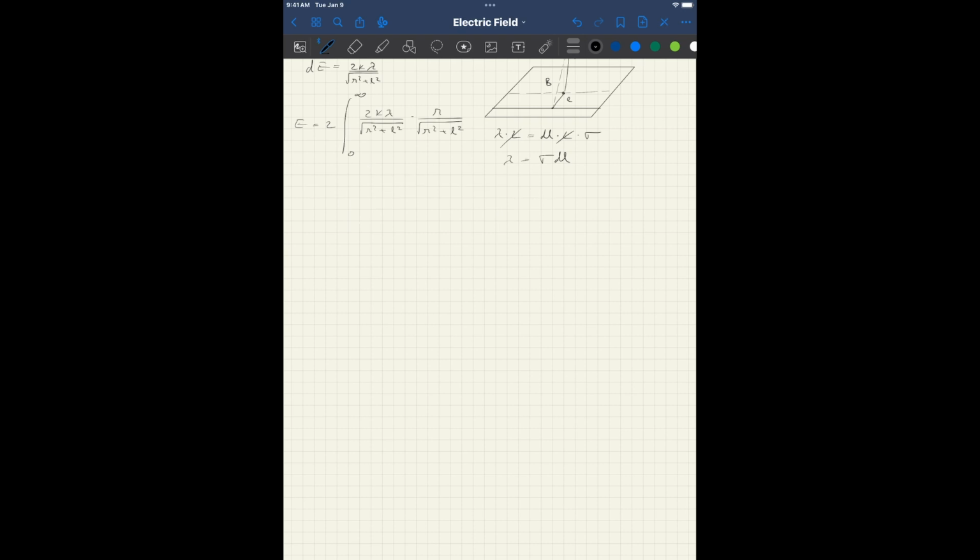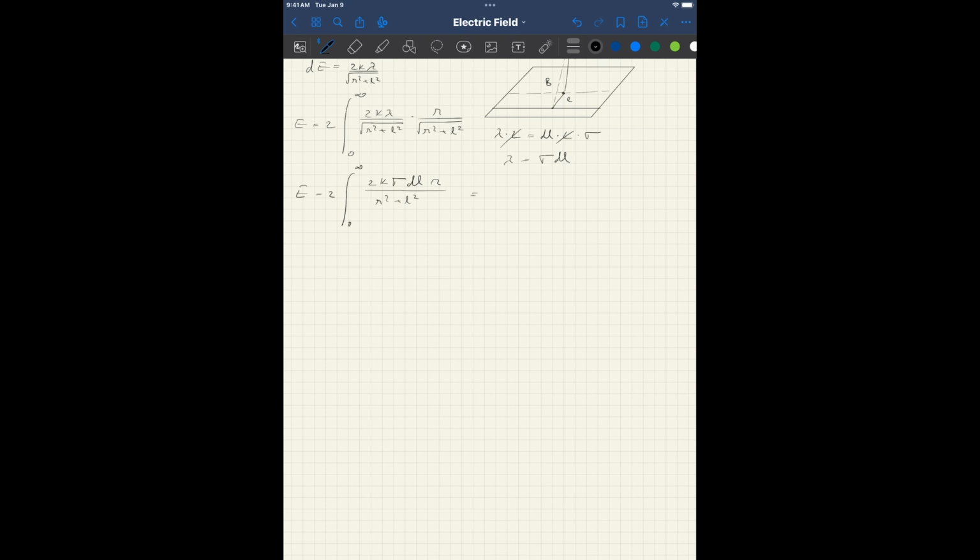So this is going to be equal to E equals 2 times the integral from 0 to infinity of 2k sigma dl, because sigma dl is actually lambda, r over r squared plus L squared, because the square roots cancel out.